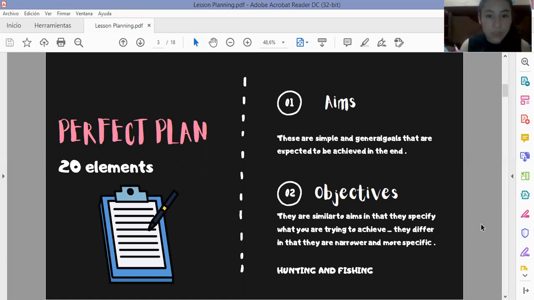Also, I want to mention that there are two types of objectives. The first one is hunting, in which teachers' expectations are clear, and fishing, in which the opposite occurs. Next, please.